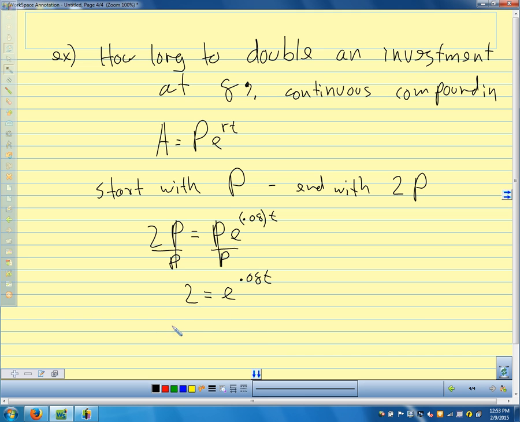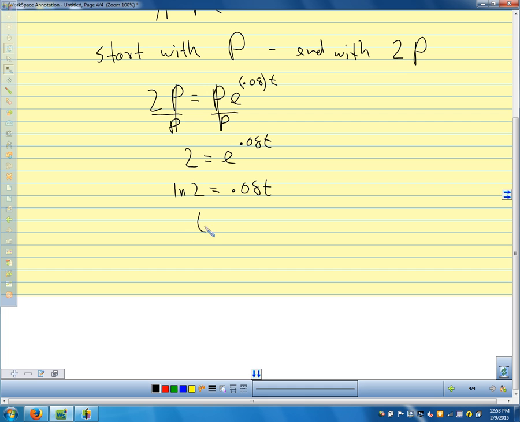Take the natural log of both sides. So I get natural log of 2 equals 0.08T. So T equals natural log of 2 over 0.08, and that's approximately 8.66 years.